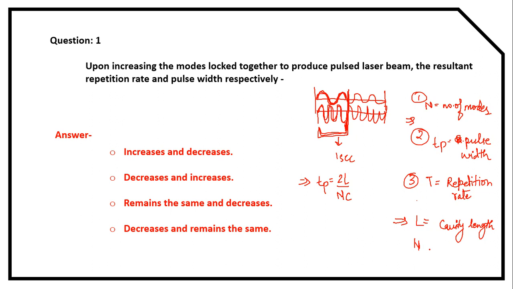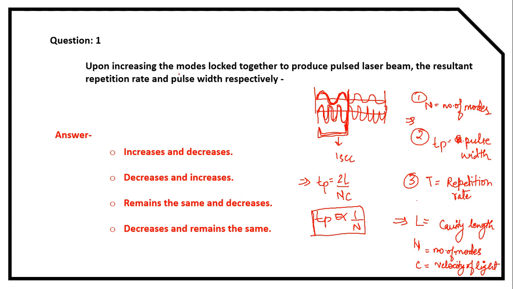The second thing is N, which, as I told, is the number of modes. The third factor is C, the velocity of the light beam. As you can see from the relation, Tp, the pulse width, is inversely related to the number of modes.